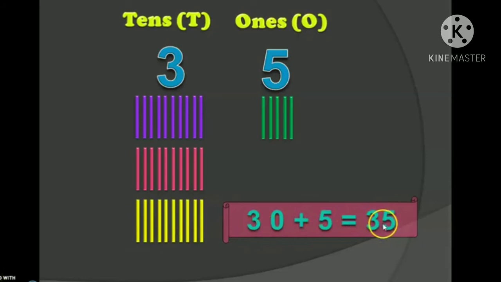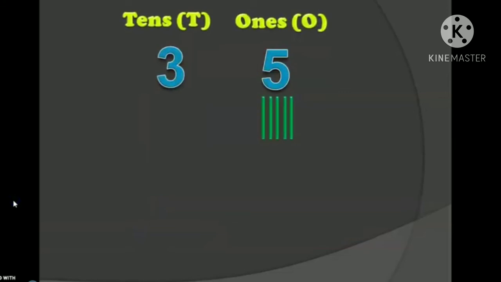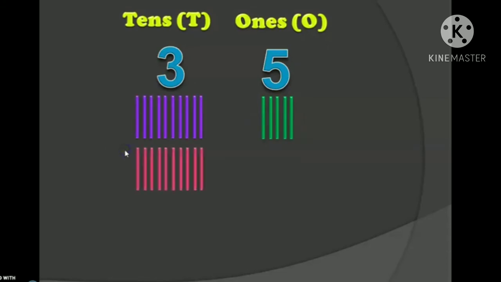This is one way of writing the number in expanded form based on the place value. Let us see another way of writing the number in expanded form based on its place value. As shown earlier, 5 ones is represented here again with 5 sticks. 1, 2, 3, 4, 5 and 3 tens is represented by 3 sets of 10 sticks.